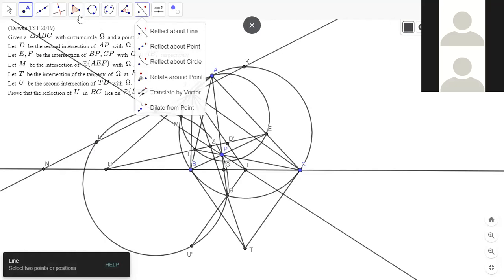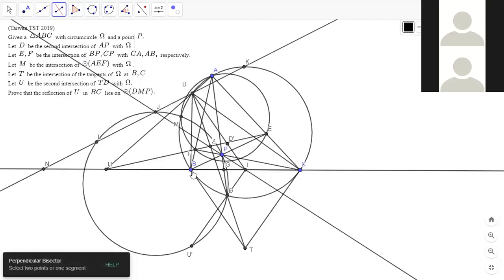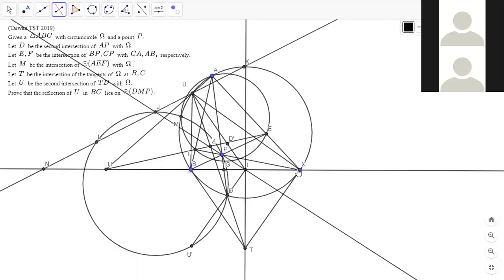Where's the perpendicular bisector? Okay, that's not, yeah, it doesn't pass through it. You still want to draw that? No, you can delete it. Okay.